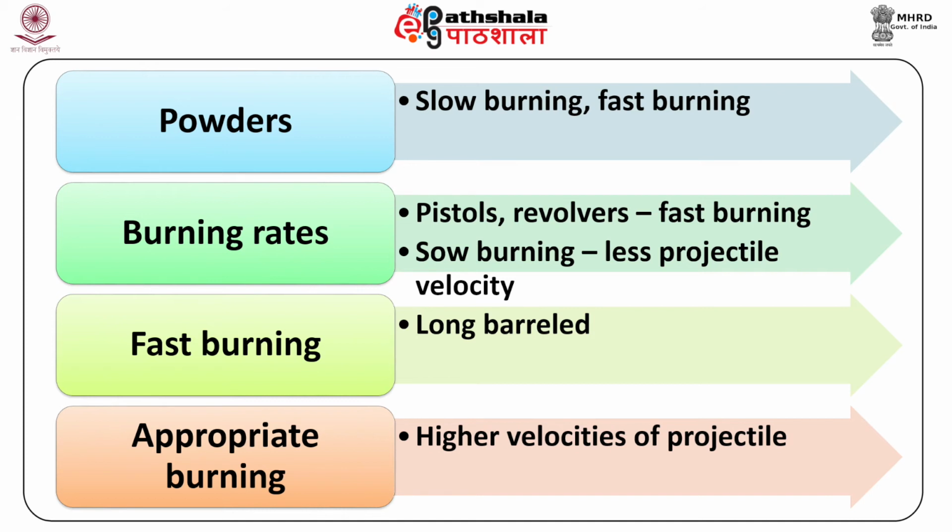Likewise, if quick burning powder is used in long barreled firearms, the projectile will not receive sustained pressure. Consequently, for the maximum pressure, the projectile will have a lower velocity. If a powder with appropriate burning rate is used, the projectile can be given higher velocities for the same maximum pressure.